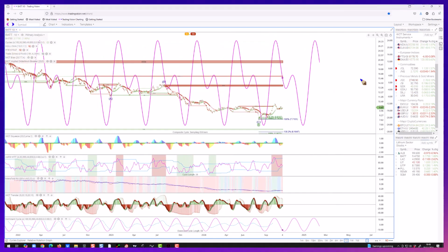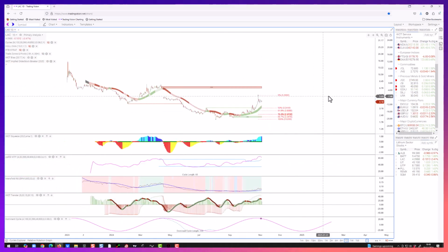Again, if we look at the daily cycles, you can see that it's expecting down into that December time frame. So I'm interested in this once we get into December, first to second week of December onwards. We should keep this very firmly on the watch list, looking for the early stages of an enormous move to the upside in BATT.